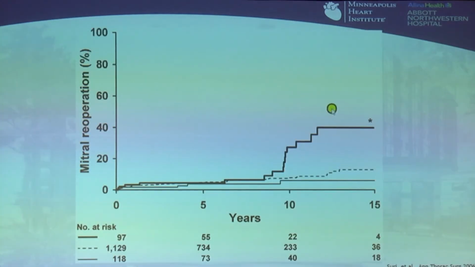You can see this is comparing mechanical, tissue, and valve repair for the mitral valve. At 10 years, if we put a tissue mitral valve in because you don't want to be on Coumadin, they start to fail and you need a mitral reoperation. This is repair and mechanical valve. You get essentially the same result for a mechanical valve that you will get for using your native valve and repairing it.